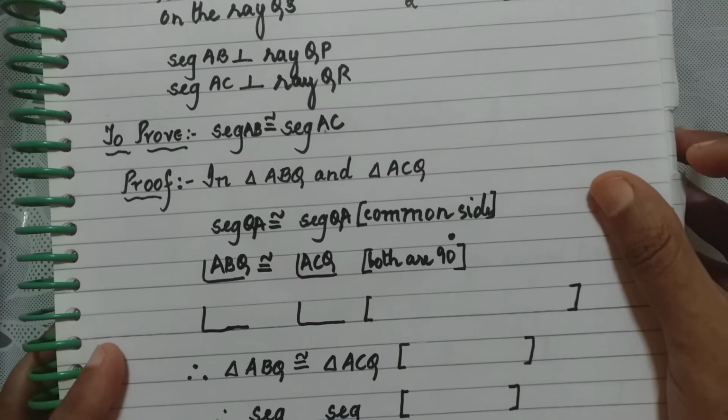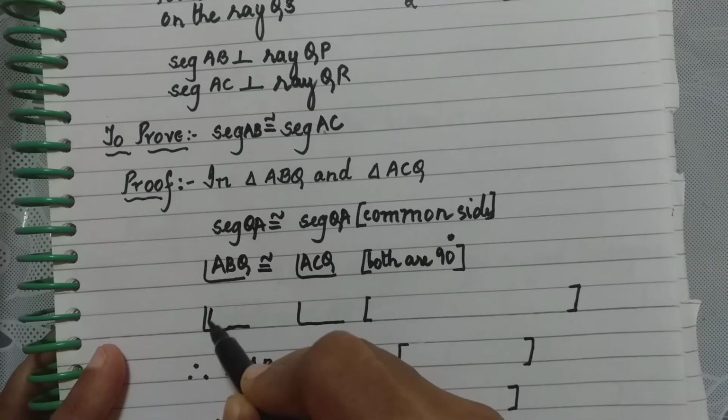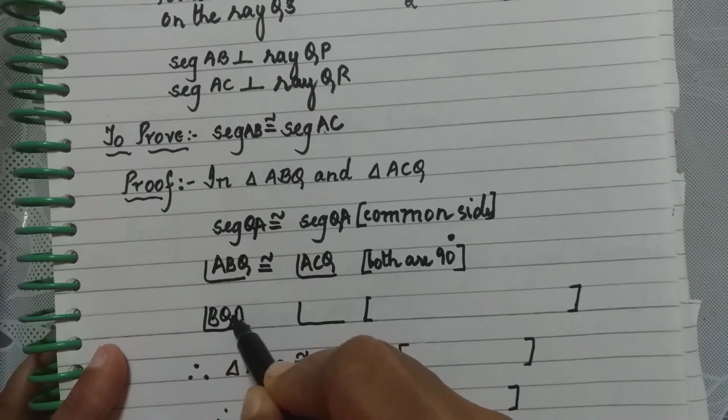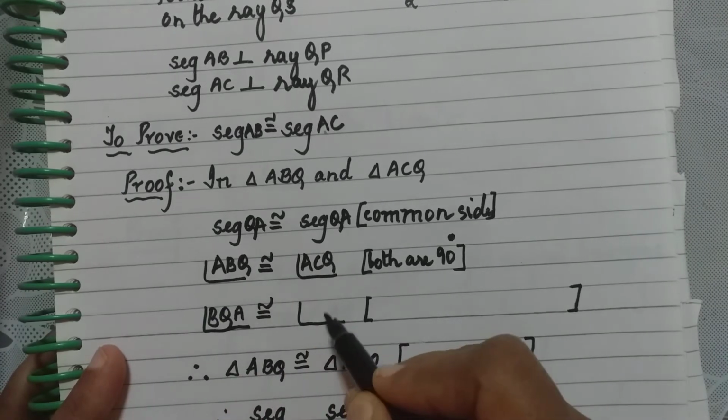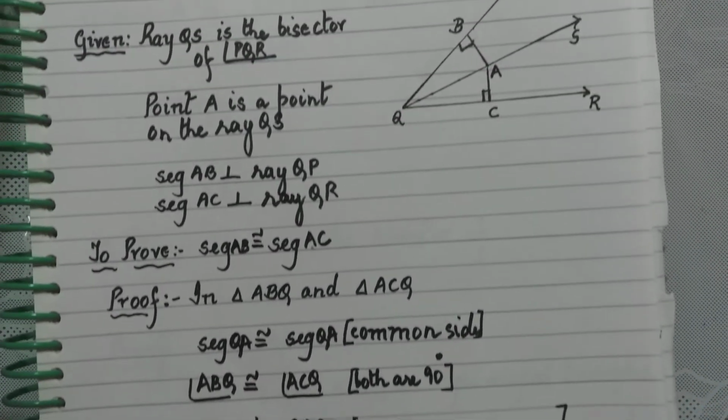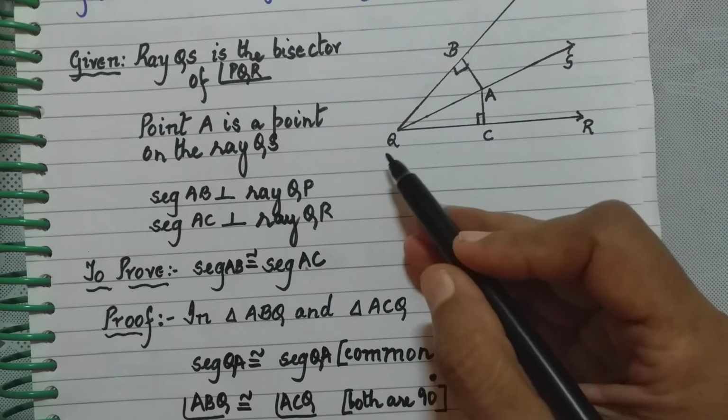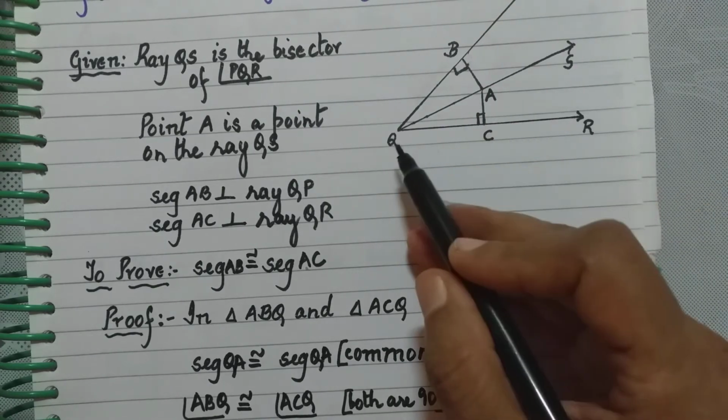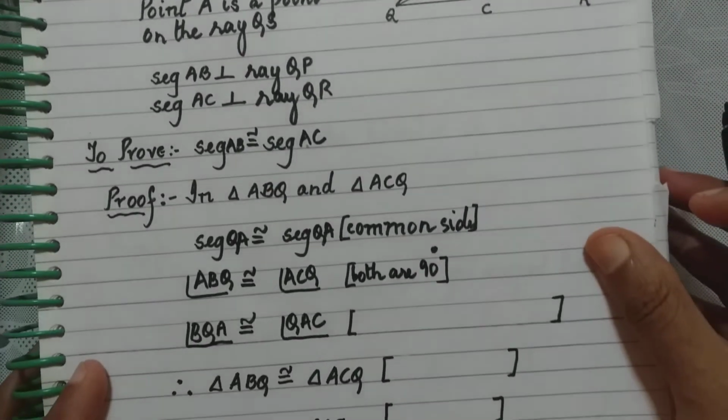So we write angle BQA is congruent to angle AQC.